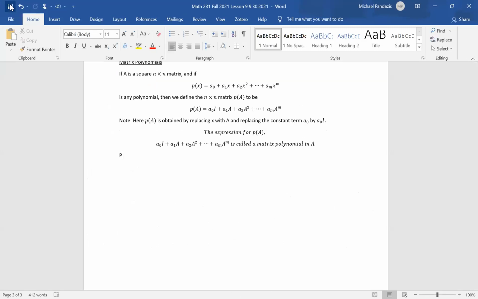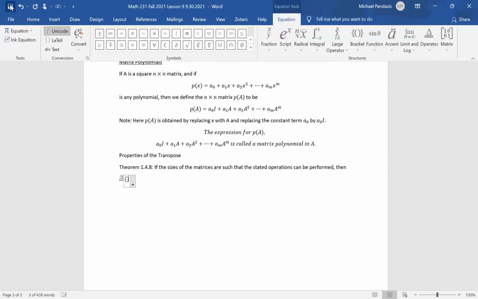Okay, the next thing is properties of the transpose. Theorem 1.4.8: If the sizes of the matrices are such that the stated operations can be performed, then the following are true. A: If you take the transpose of a matrix and you take its transpose again, you get back the original matrix.